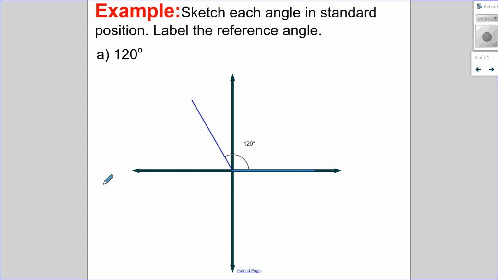At the negative x-axis, I have an angle that measures 180 degrees, and 180 degrees is bigger than my angle. So my reference angle will be 180 take away 120, which means that my reference angle is 60 degrees, which is right in here.